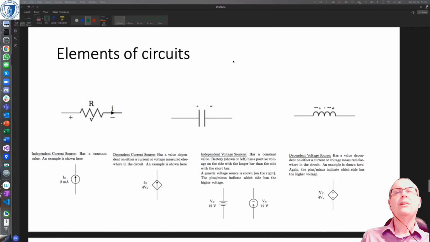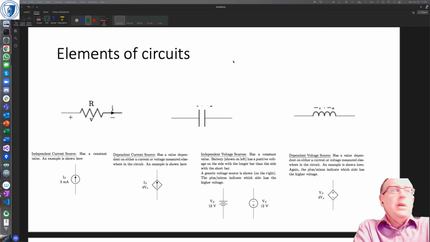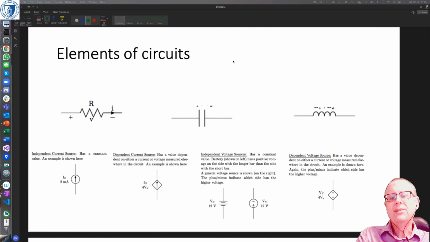So we're talking about circuits, and these are relatively simple circuits, but we still need to understand what each of them looks like.